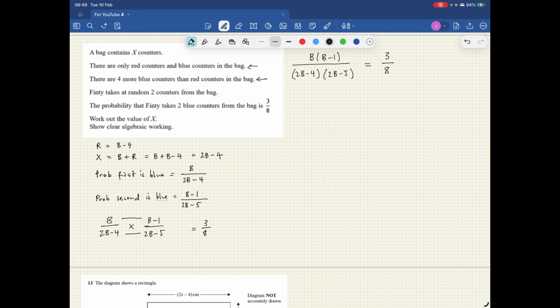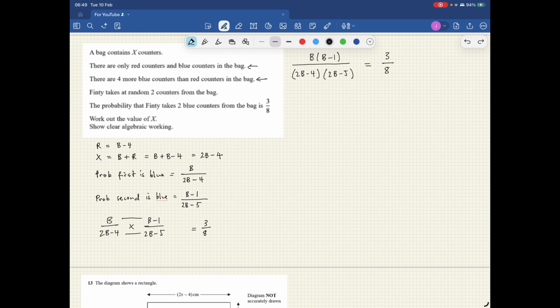Okay, well, if I multiply both sides of this by 8, then I'm going to end up with an 8 up here, and this will disappear. And if I multiply the whole thing by this, then that will move up there. This is called cross multiplying. Okay, so that's what I'm going to do. Let's get rid of this just so you can see.